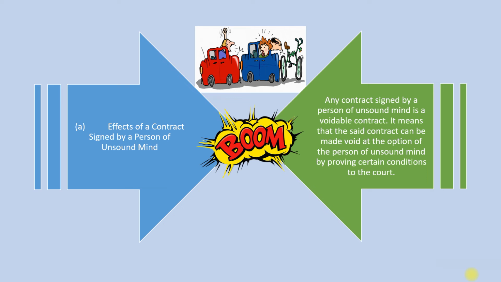Voidable means the person who claims the contract is valid or not valid has to prove it. If you are in favor of the contract being valid, then you have to prove that the other person is of sound mind.